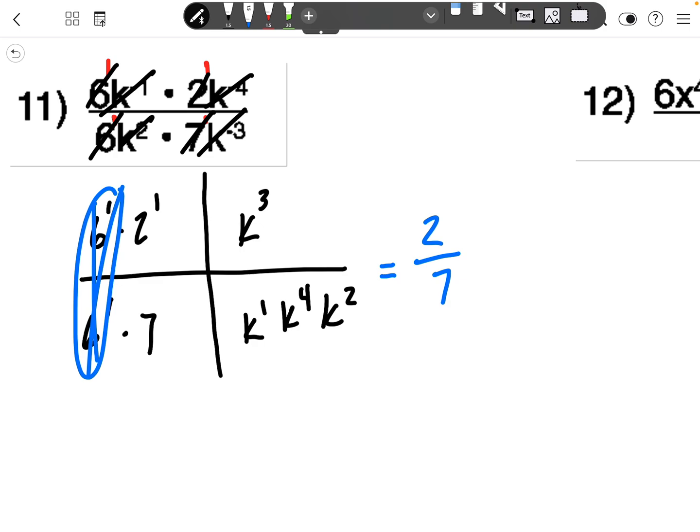And then I have 3 k's on top, and I have K to the 1, 2, 3, 4, 5, 6, 7 on the bottom, so I have K to the 7 on the bottom. And then I subtract, so 7 minus 3 is 4. I have more on the bottom, so my K to the 4th is on the bottom, so they go wherever I have more.